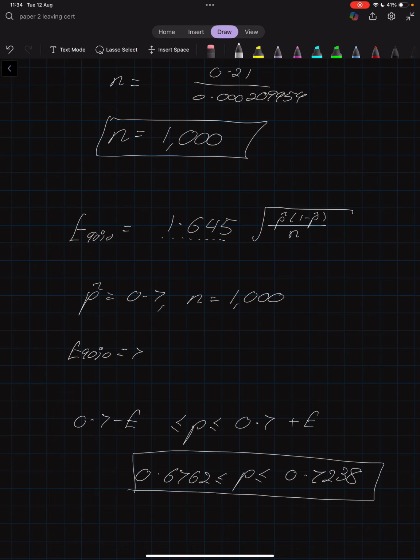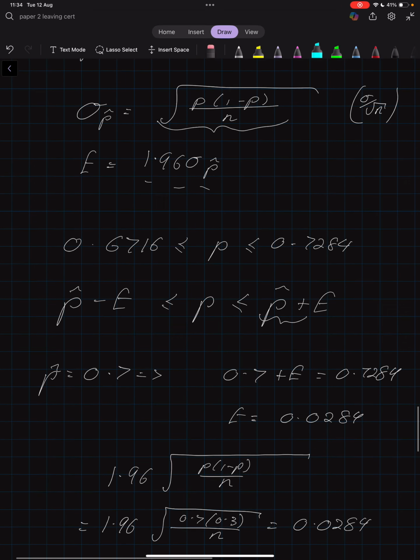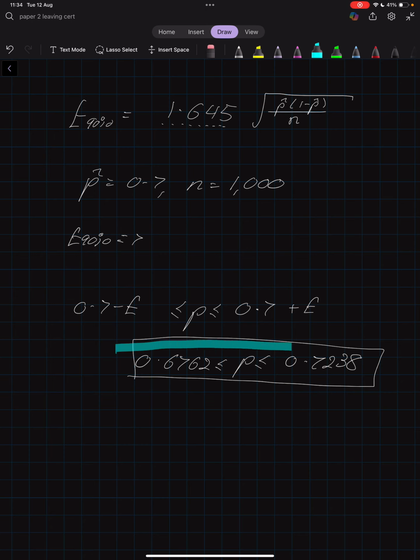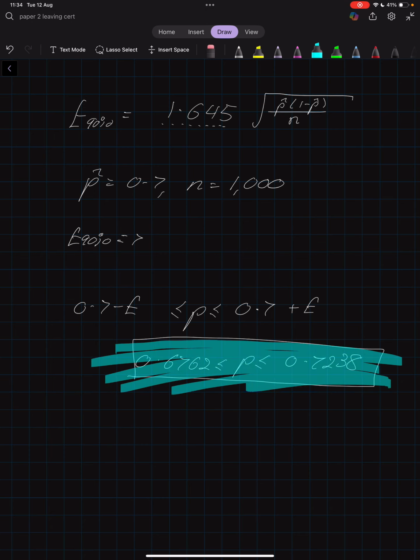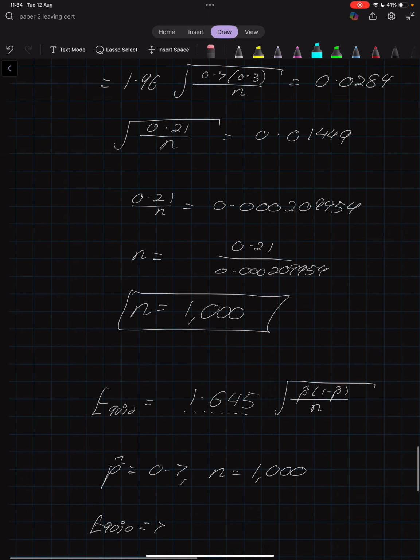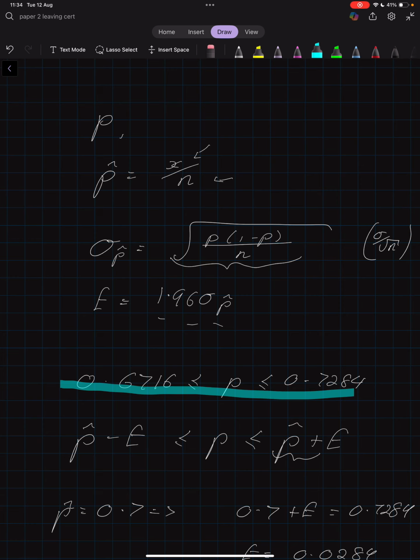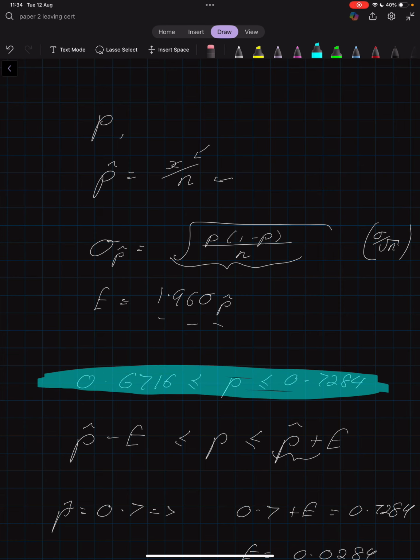All right. Now, just before I go any further. This is the confidence interval down here for a 90%. Sorry, I'm just really bad at this. And then this is the confidence interval for 95%. What do you notice with the numbers?